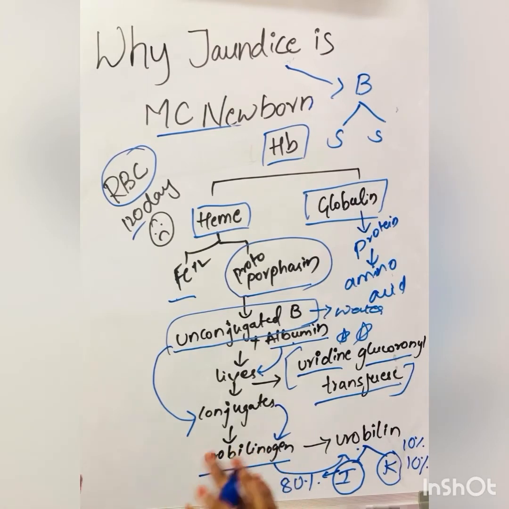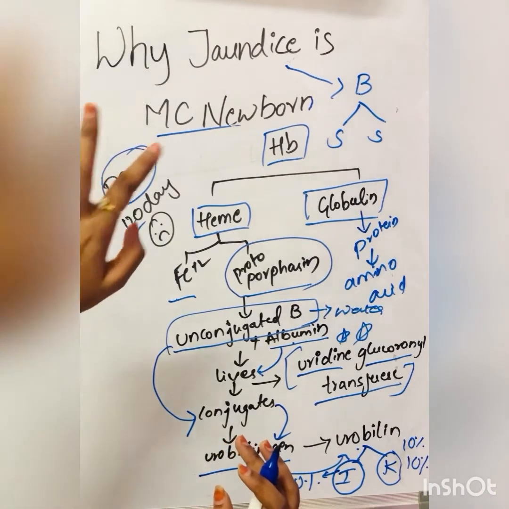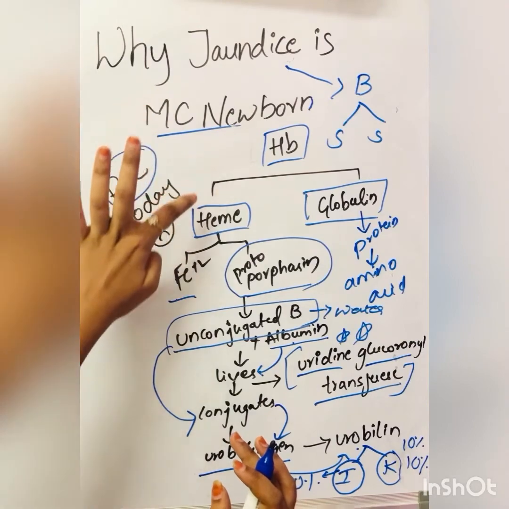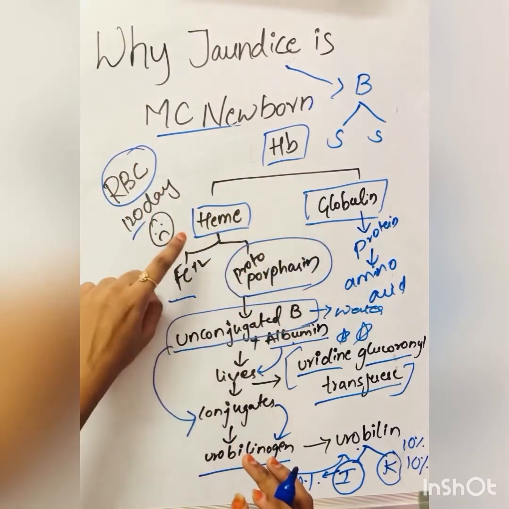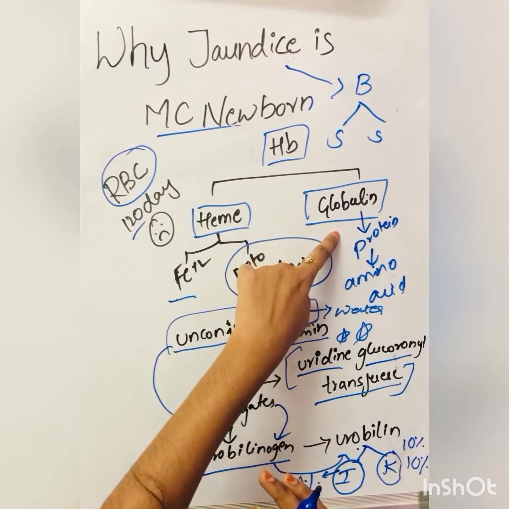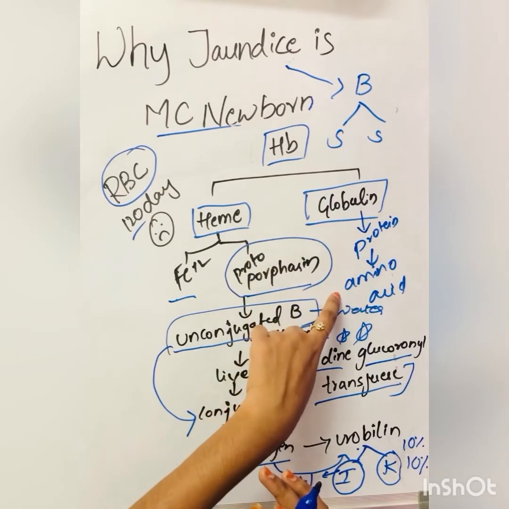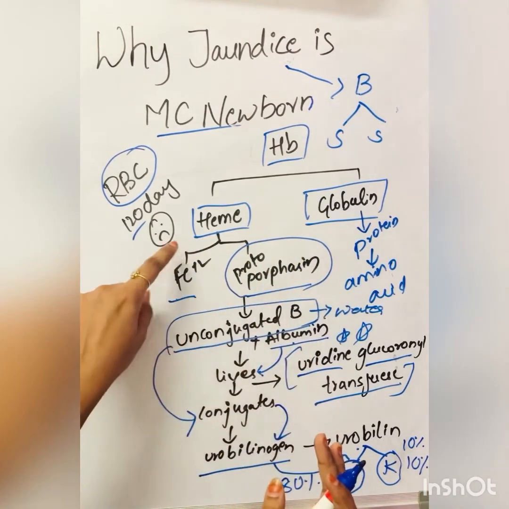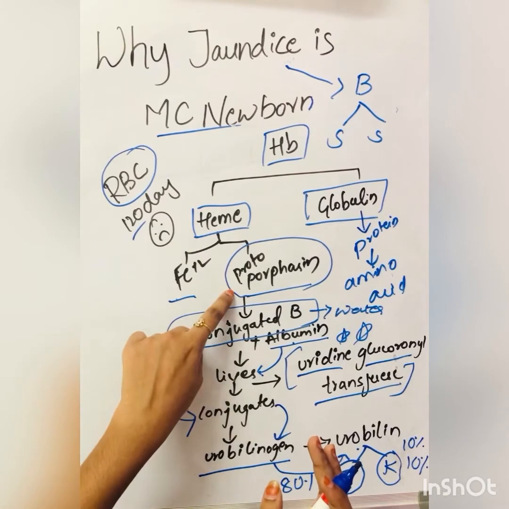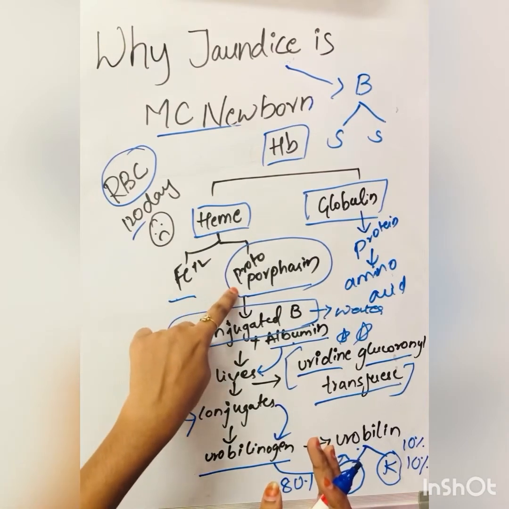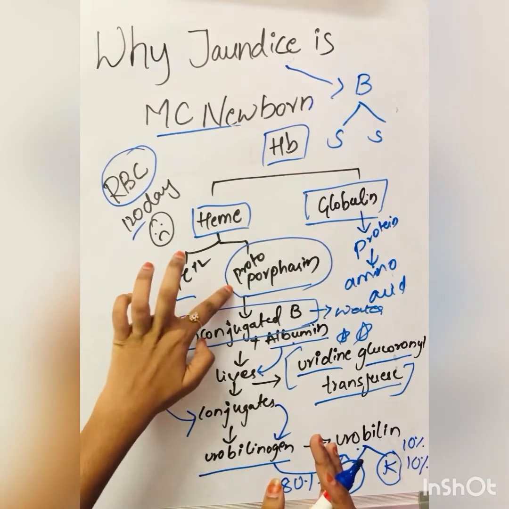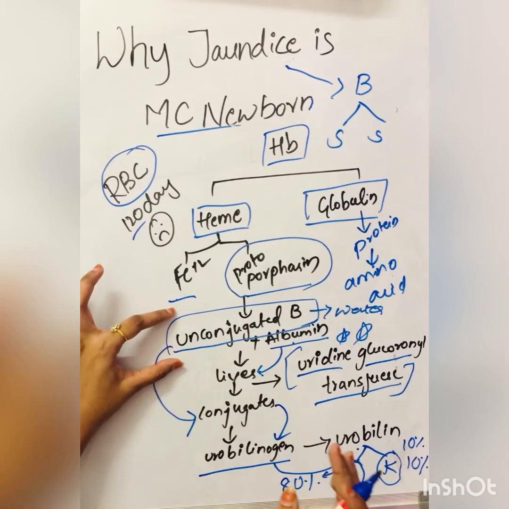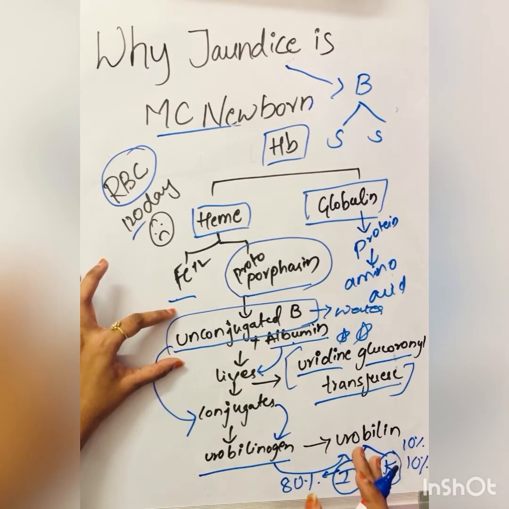Okay, one more time I want to say. Hemoglobin will divide into two parts, that is heme and globulin. Globulin is nothing but the protein part, which forms the amino acids. Heme is again divided into two forms, that is ferrous and protoporphyrin. This protoporphyrin is unconjugated bilirubin, which is water insoluble.